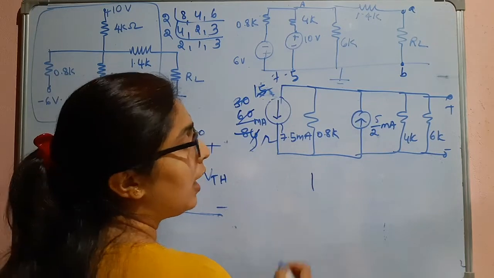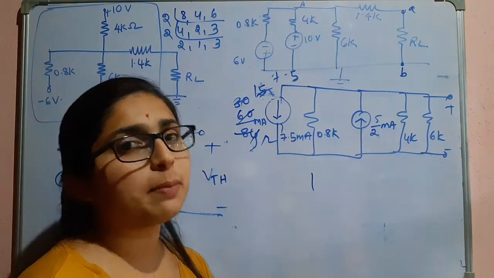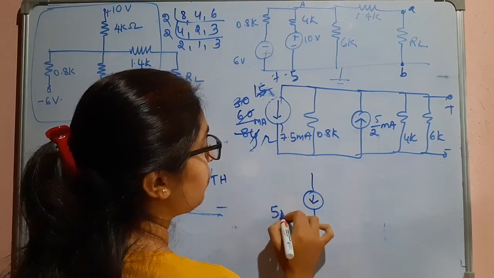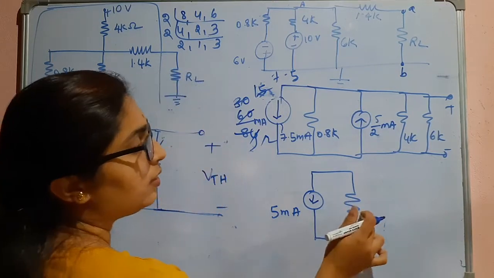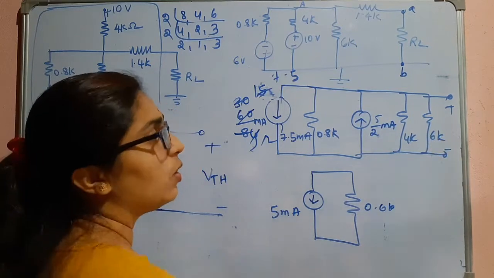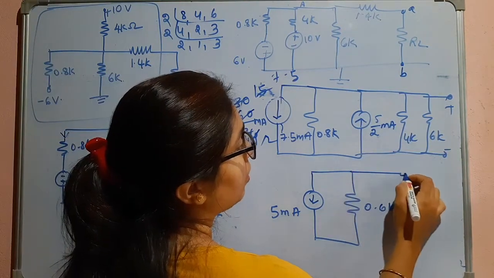And what will be the direction? The direction will be that of the larger magnitude current source, so it will be pointing downwards. So this is 5 milliamperes, and we have already seen that this one will be 0.6K, because of 0.8K, 4K and 6K in parallel.